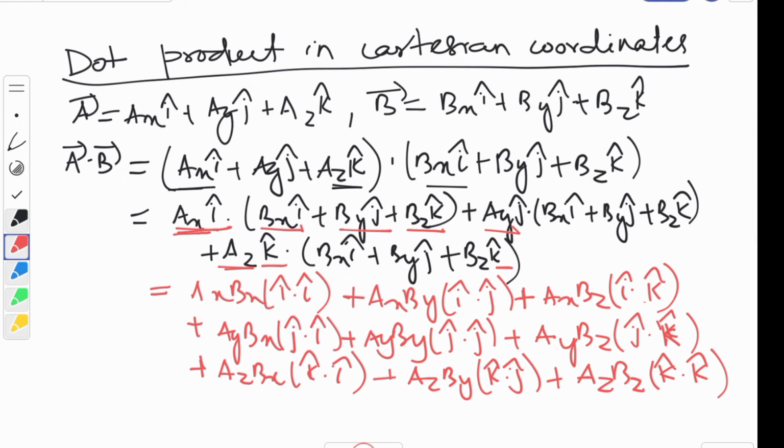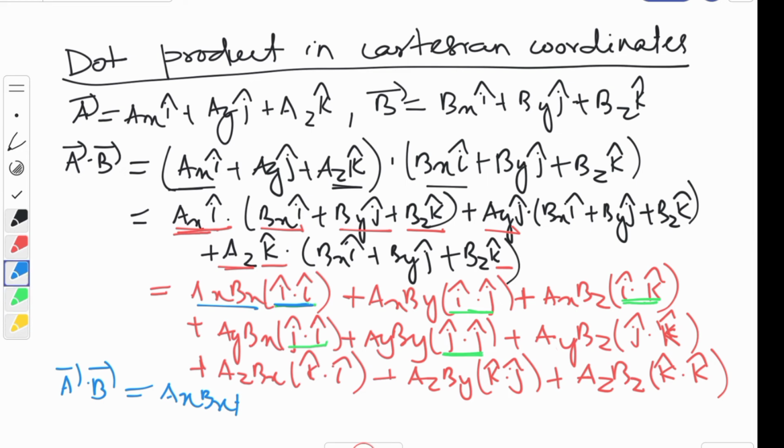Clear, children? Now as you can see here, it is I cap dot I cap, that means 1. Just now we have seen I dot j cap is 0, I dot k cap is 0. So what we are going to get now? A dot B is equal to, this term remains because I dot I is 1, so we'll write AX BX. Plus, now see over here, AY BX is multiplied by j dot I, which is 0, but here j dot j is 1.